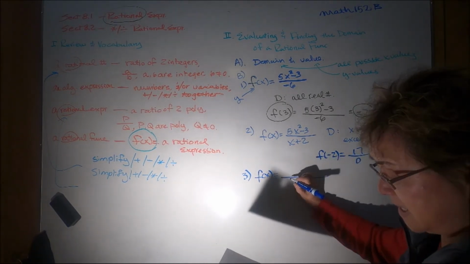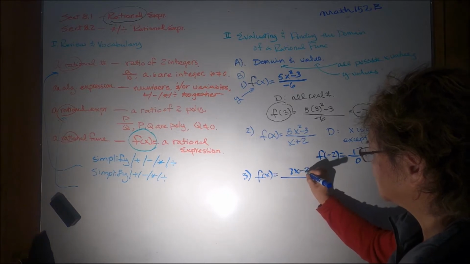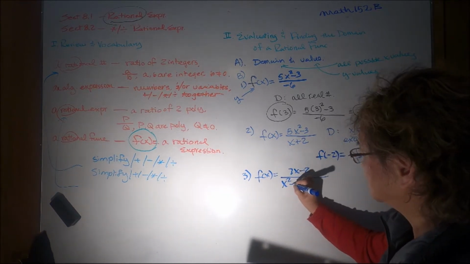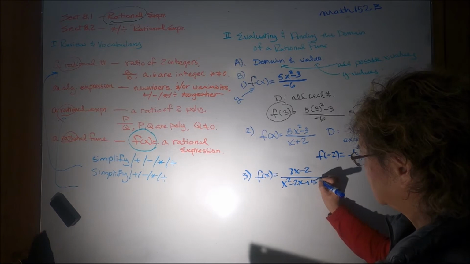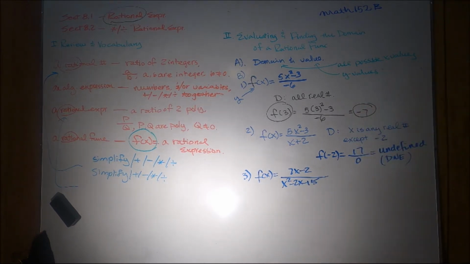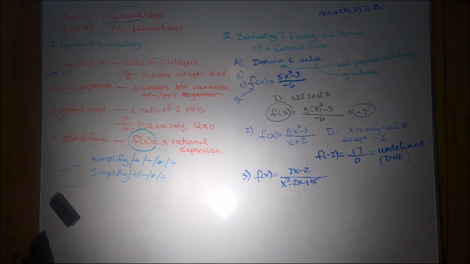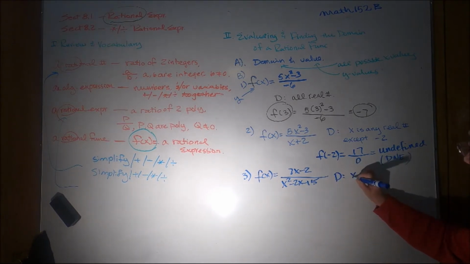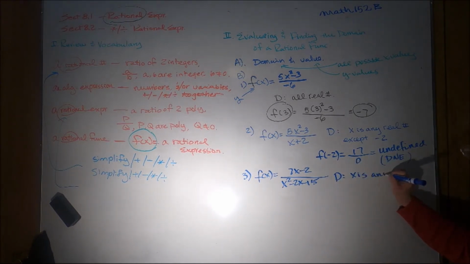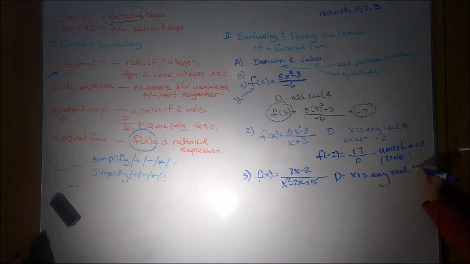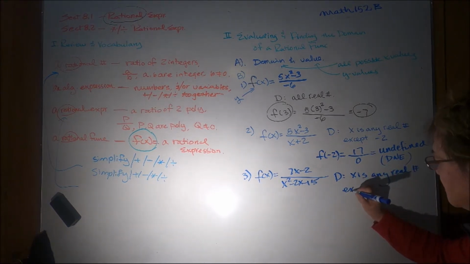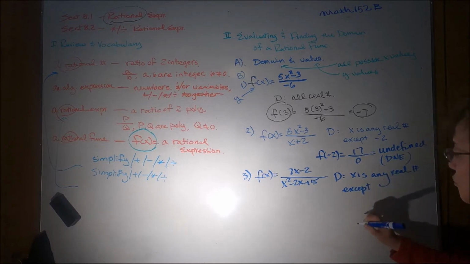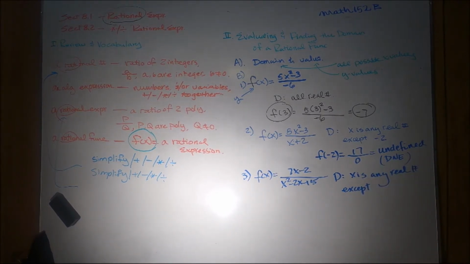So look at the next one. If my f of x is 7x minus 2 over x squared minus 2x minus 15, do I have a rational function? Right. So you can plug in x, so your domain is x is any real number except those numbers that will make the denominator 0.